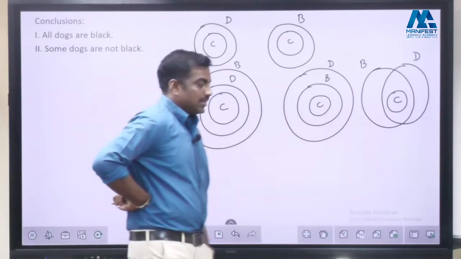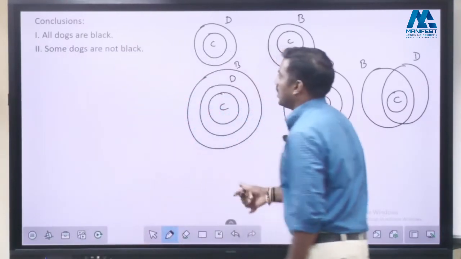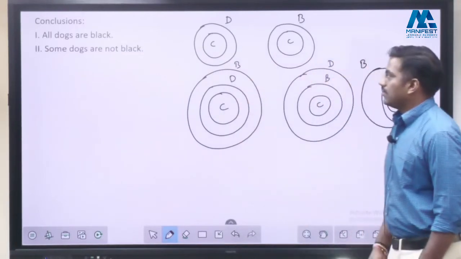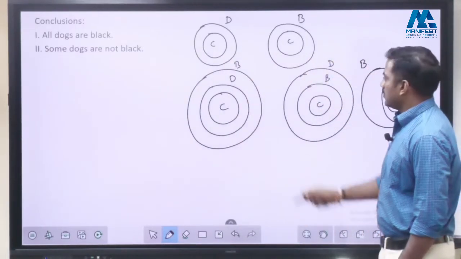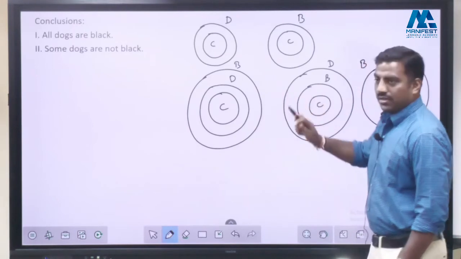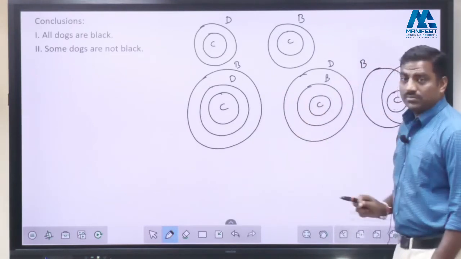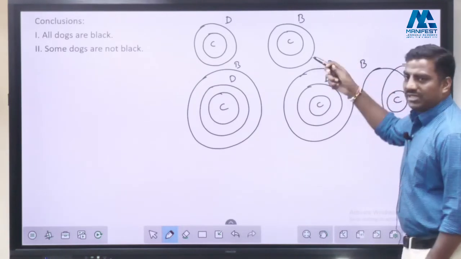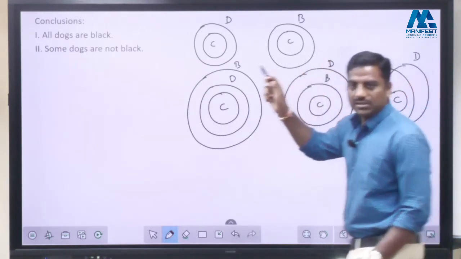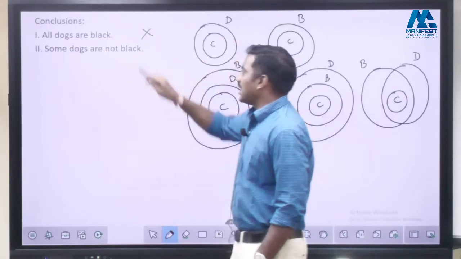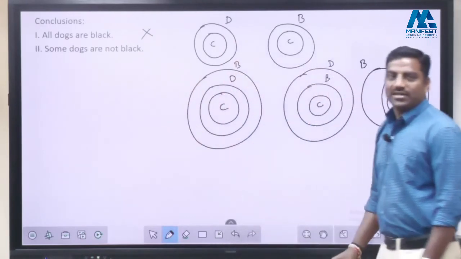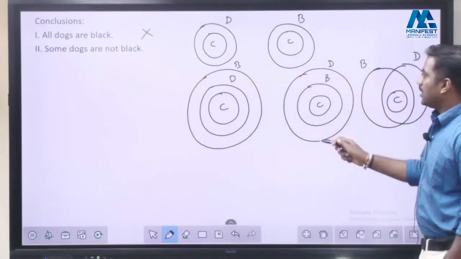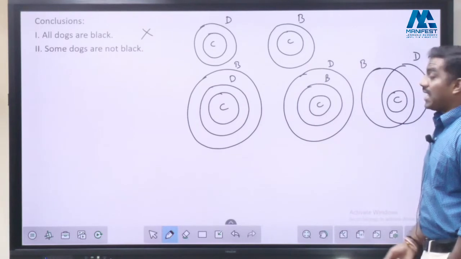Let's see the conclusion. All dogs are black. All dogs are black here, but here only some. So here this is discarded, means don't go for the next diagram at all. So this is wrong. Our aim is to make the conclusions wrong, not right. Then some dogs are not black.